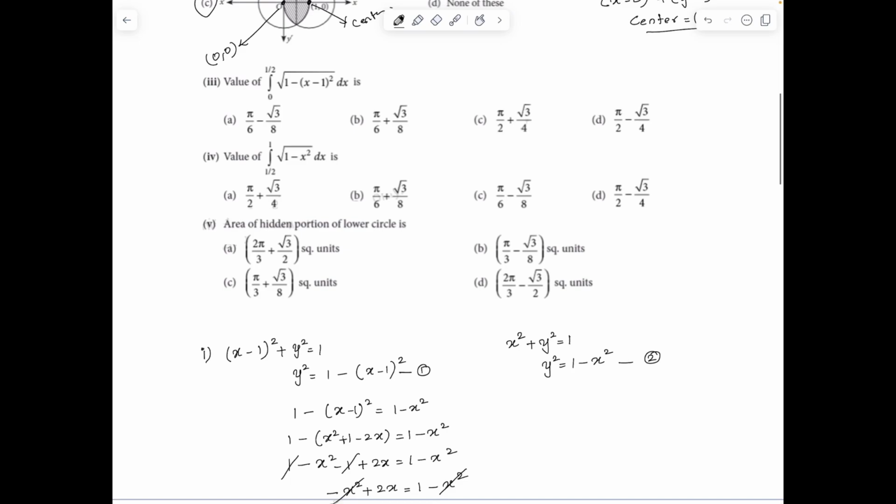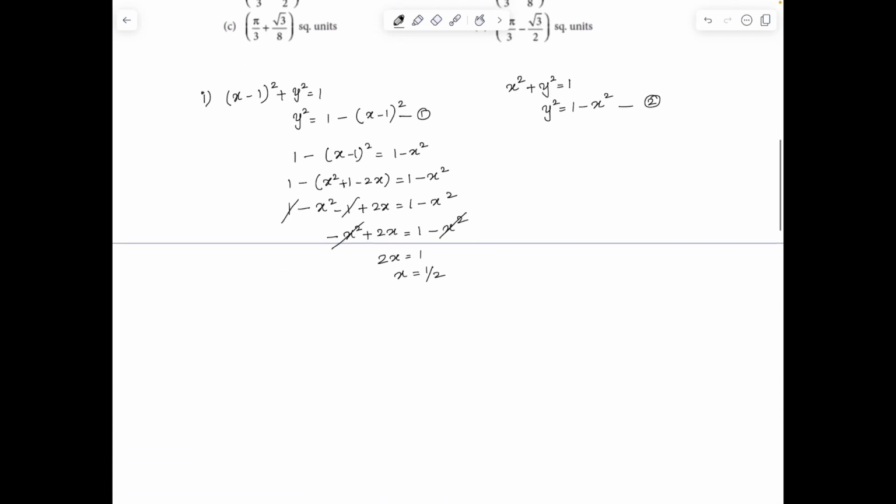Subdivision 3. Integral from 0 to half of square root of 1 minus (x minus 1) the whole square dx is. Now for this question, let's apply the formula: x by 2 root of a square minus x square plus a square by 2 sine inverse of x by a.